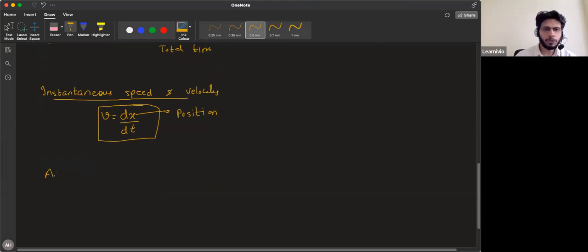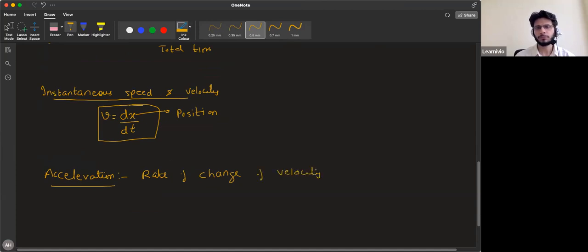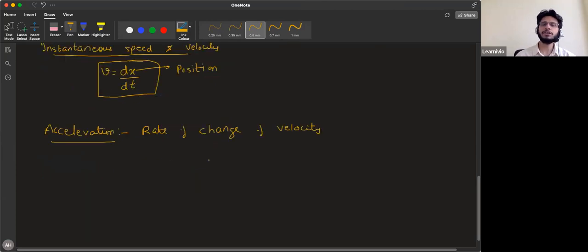After this, if you want to calculate acceleration, acceleration is just the rate of change of velocity. You can divide acceleration into two types of acceleration.